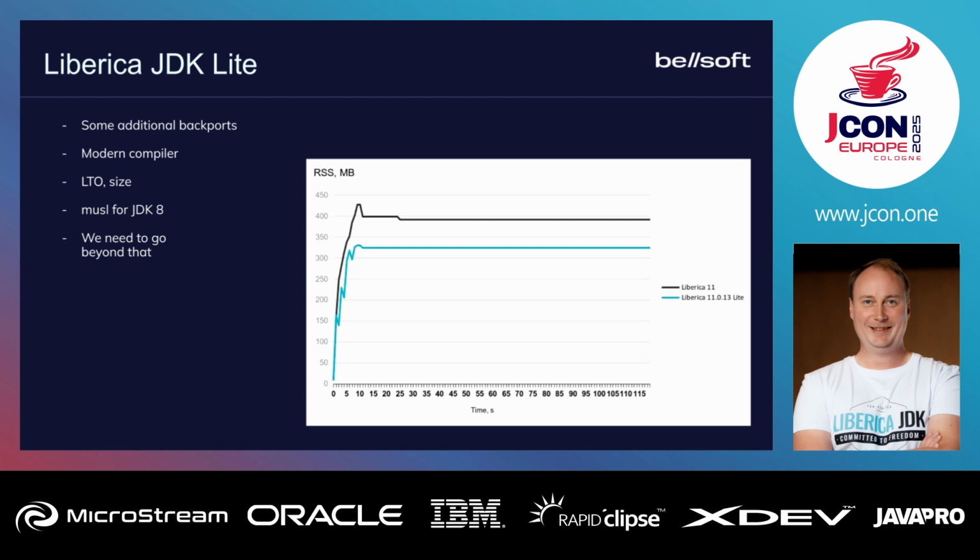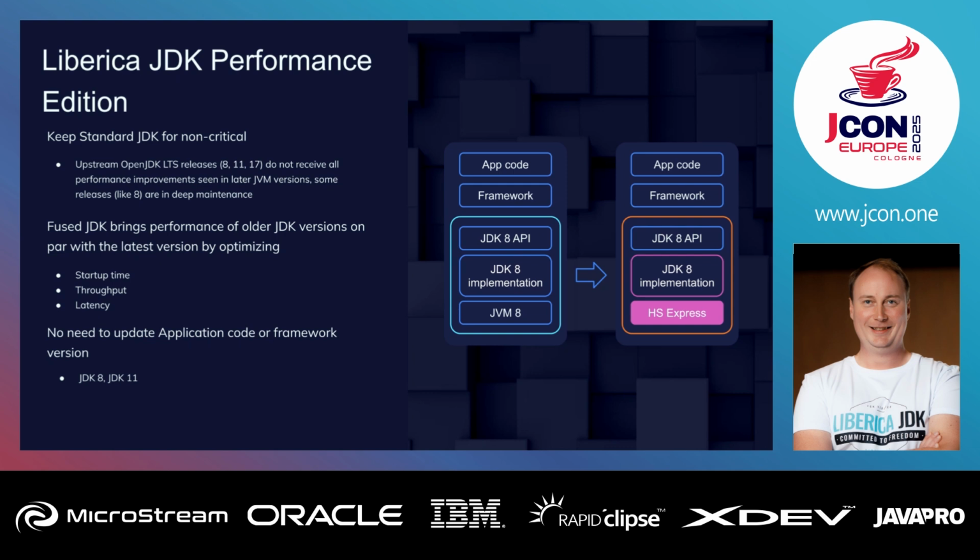Though it turned out not to be the full solution. We were still only able to improve things a little bit. So we decided, why don't we just take the entire new JVM and bring it to that old JDK? So the applications won't notice they run on the newer VM. And it turned out to be possible. We literally did that.